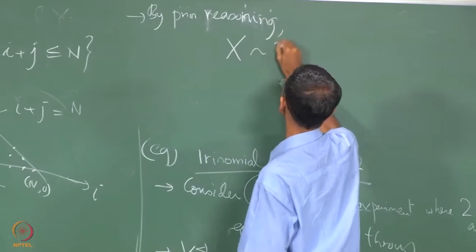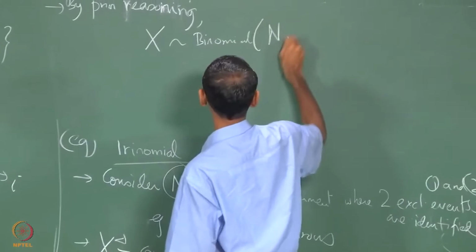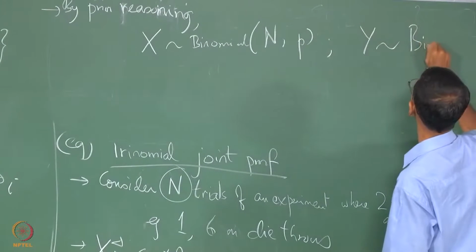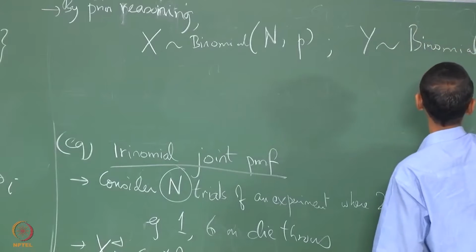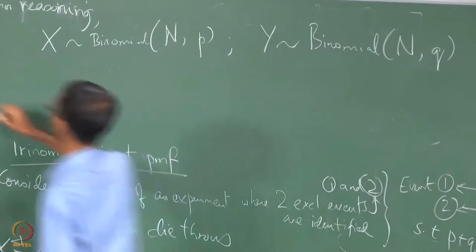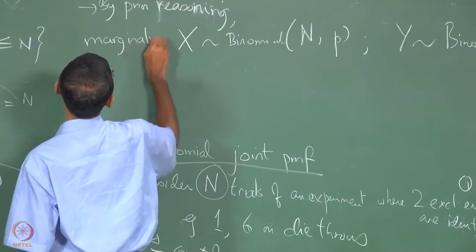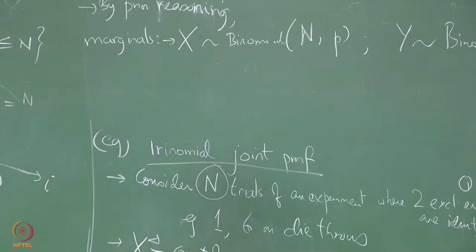X is binomial with parameters n and p, Y is binomial with parameters n and q. We want to now derive these two marginal PMFs. How do we derive this from this joint?